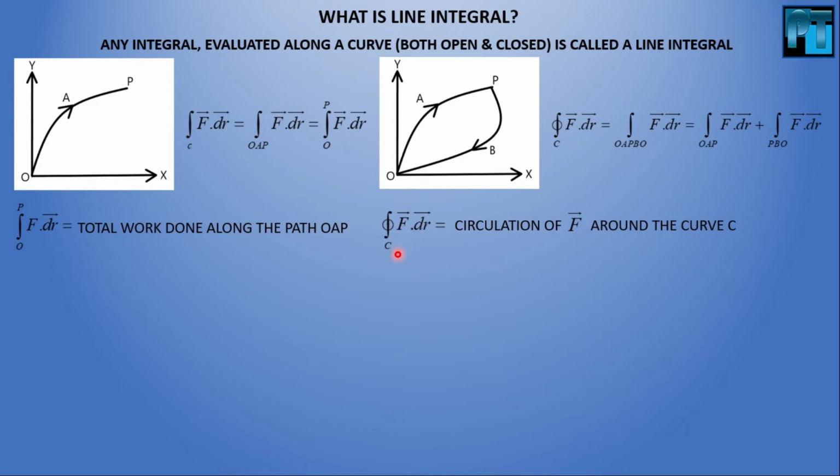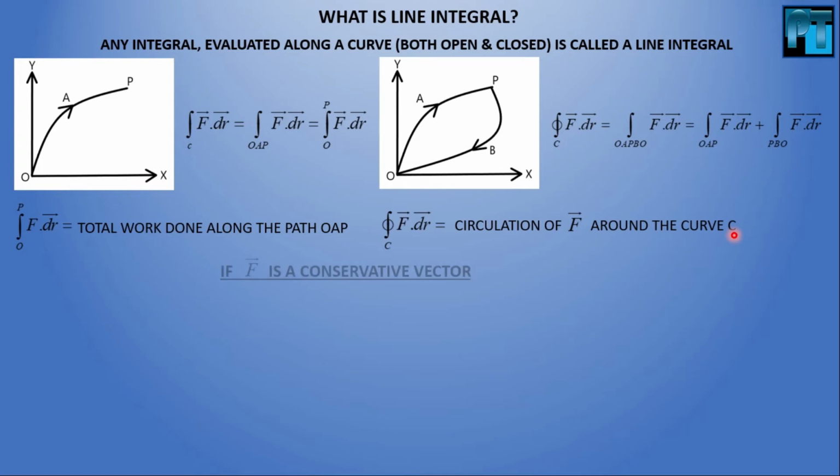In aerodynamics or fluid dynamics, if this f vector denotes the velocity vector, then the closed line integral of f dot dr will be the estimation of the circulation of f around the given curve. Clear?